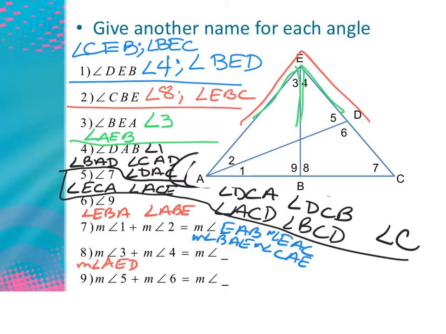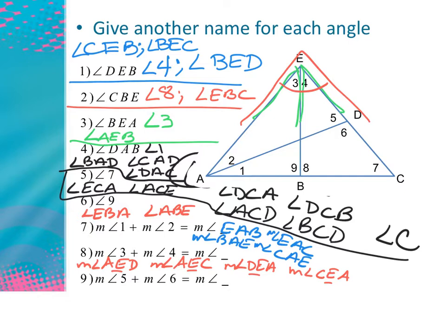I could also say it is the measure of angle AEC. I can also say in reverse, the measure of angle DEA, or even the measure of angle CEA. Again, middle letter is where that vertex is, and it's angle E.